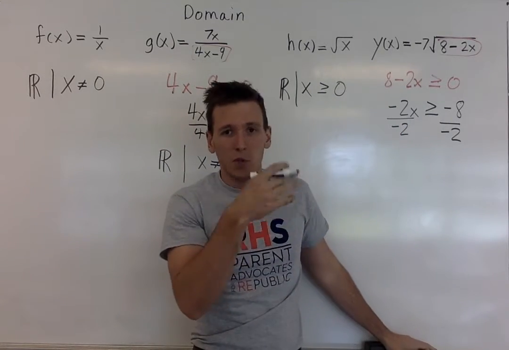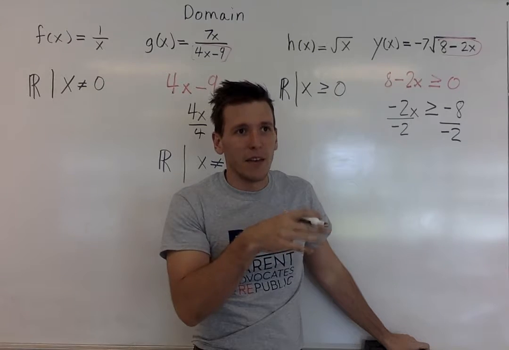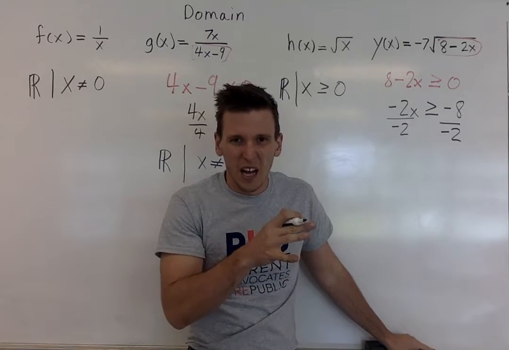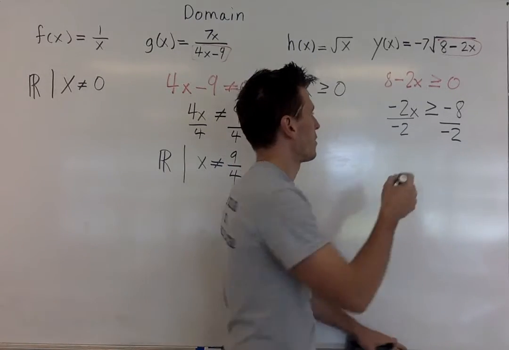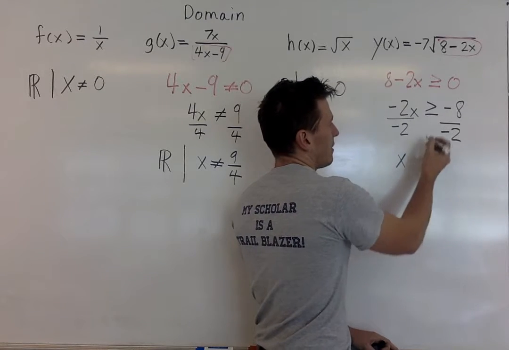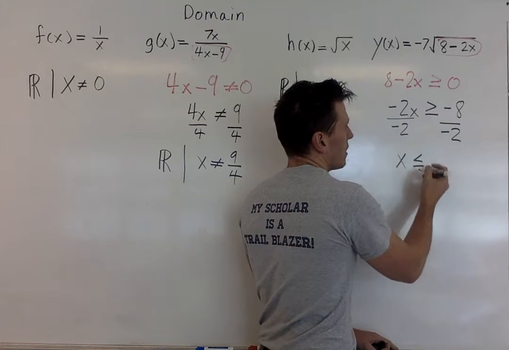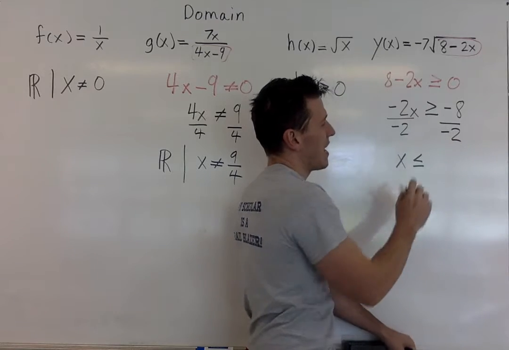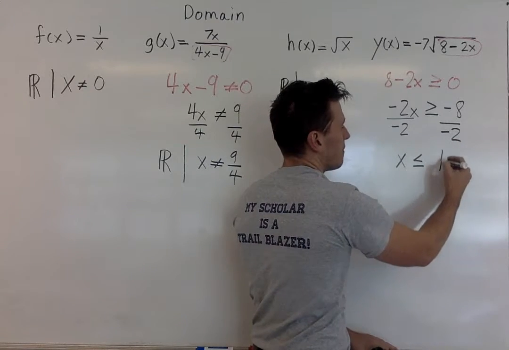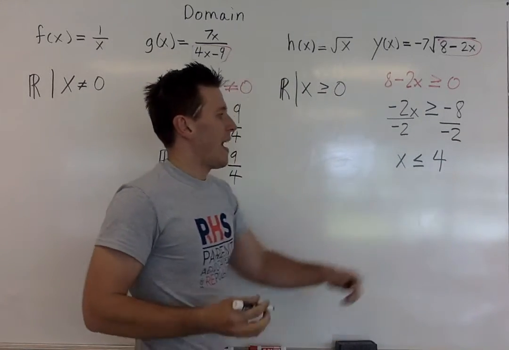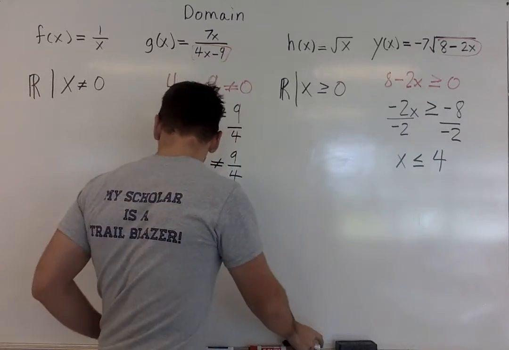If negative x was greater than something, then positive x has to be less than that something. It's a little bit funky. Ask me about it if you're frustrated. That means that negative divided by negative is going to be a positive 4. So x has to be less than or equal to 4.